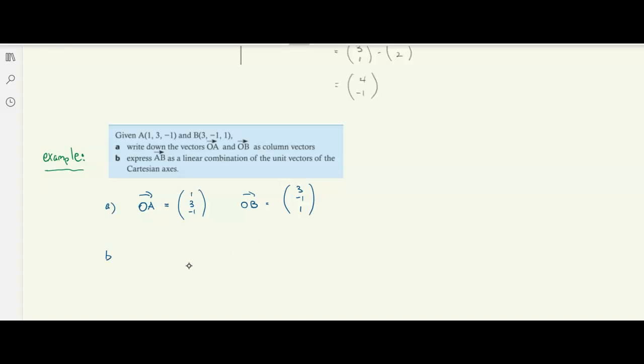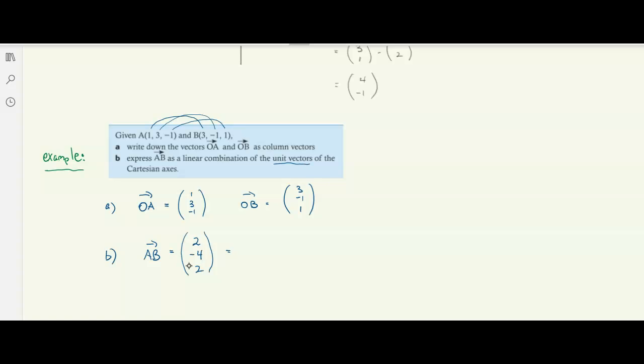All right, that's part A, and for part B, AB is simply, how do we get from A to B? So think of the x movement from 1 to 3. Well, that's just 2. It's going up by 2. The y movement from 3 to negative 1, so that's a drop of 4, negative 4. And then from negative 1 to 1 is going up by 2. So the AB vector is 2, negative 4, 2.